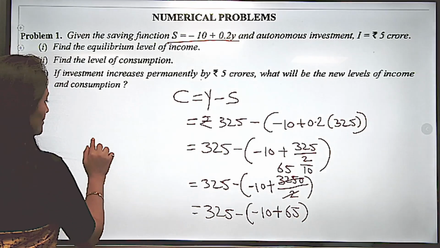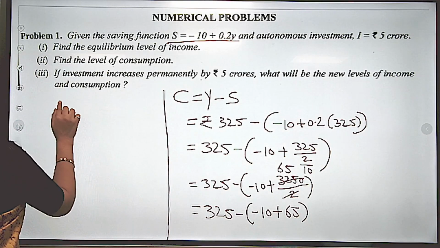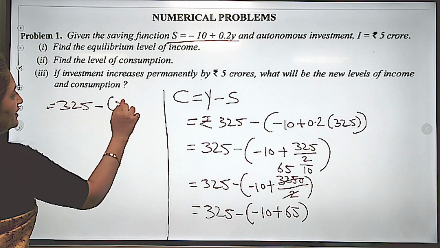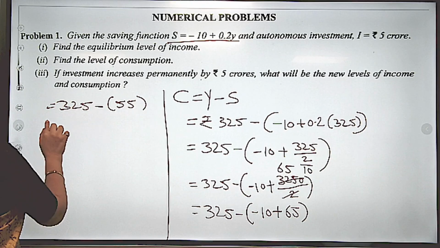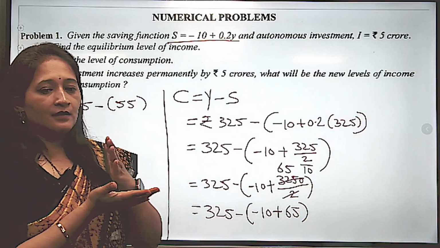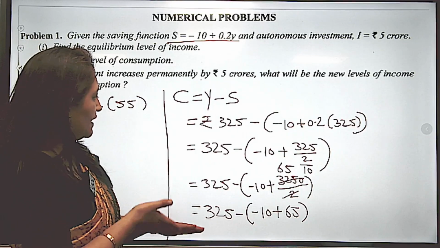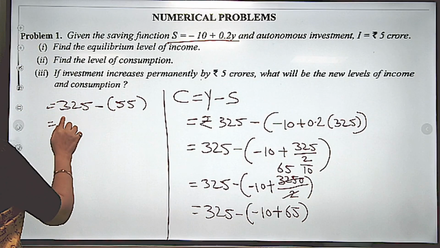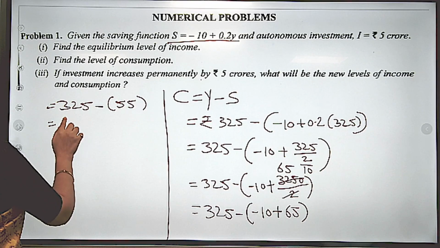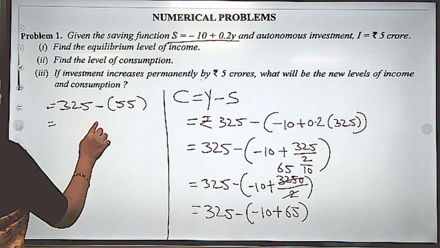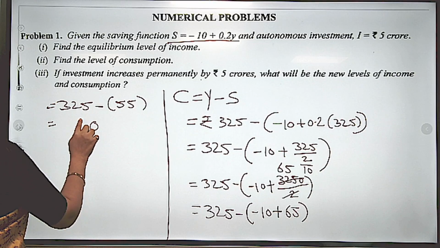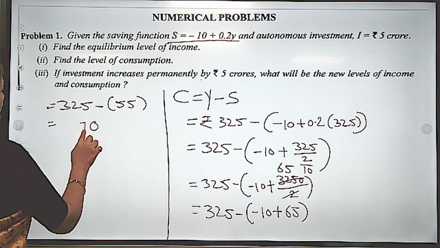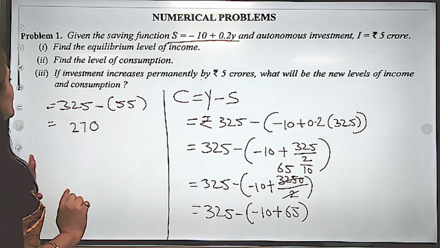We get 325 minus 55. When we deduct 55 from 325, we get the answer 270.